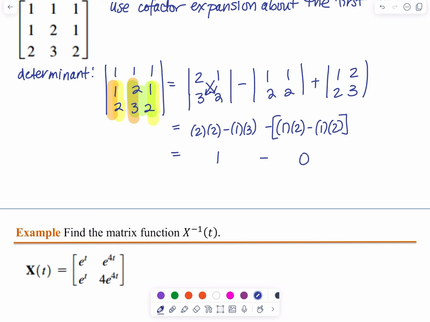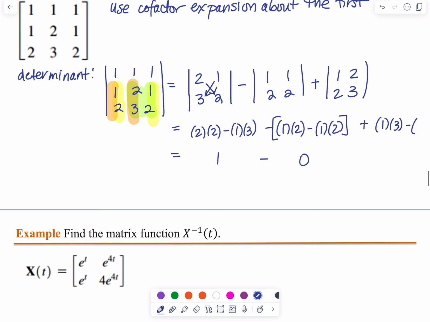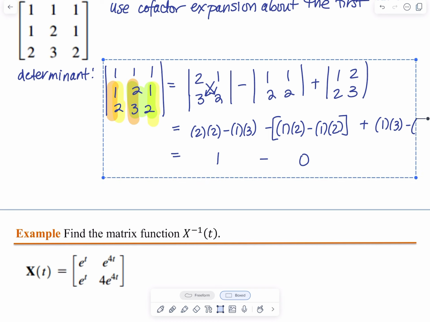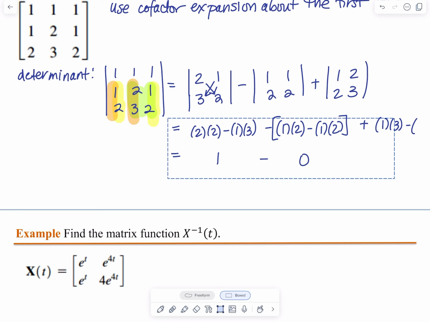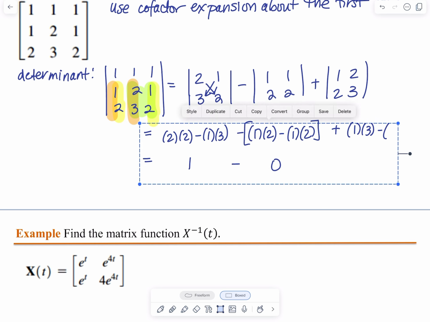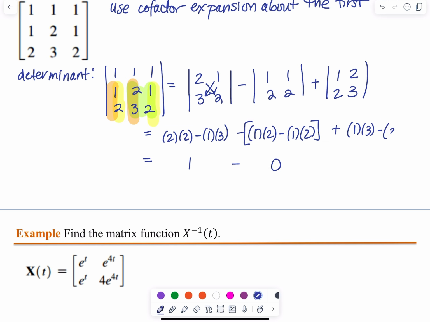And then we're going to add 1 times 3 minus 2 times 2.